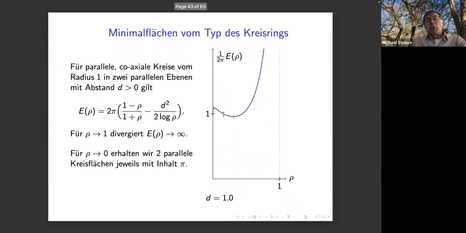So what we will see is that sharpening the Douglas condition, we are forced to consider an extended energy functional, where we take as a further possible value for the conformal parameter rho the value rho equals 0, and suitably extend the energy to this value by taking the sum of energies of disk-type surfaces.